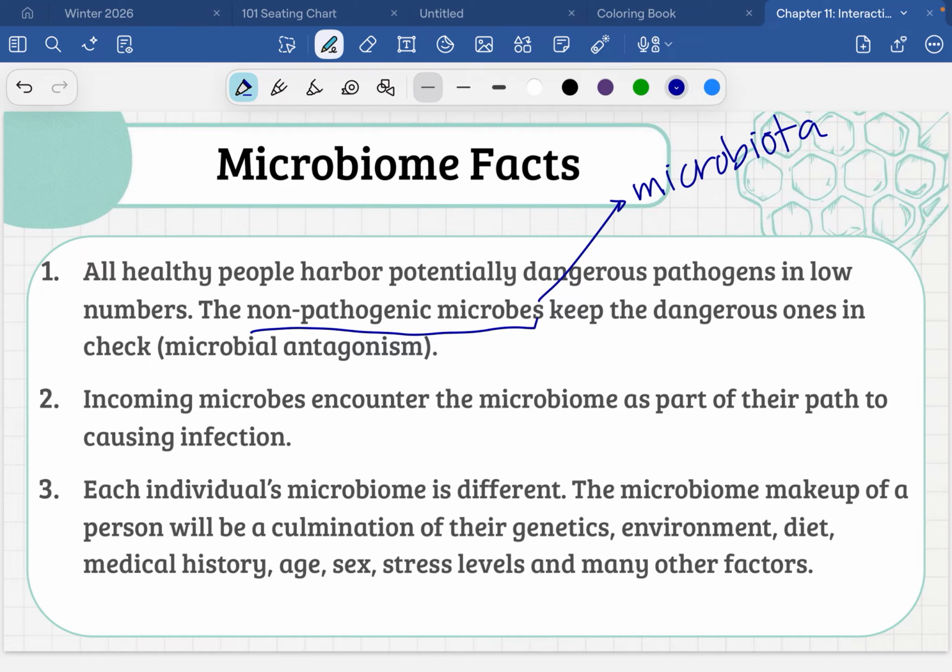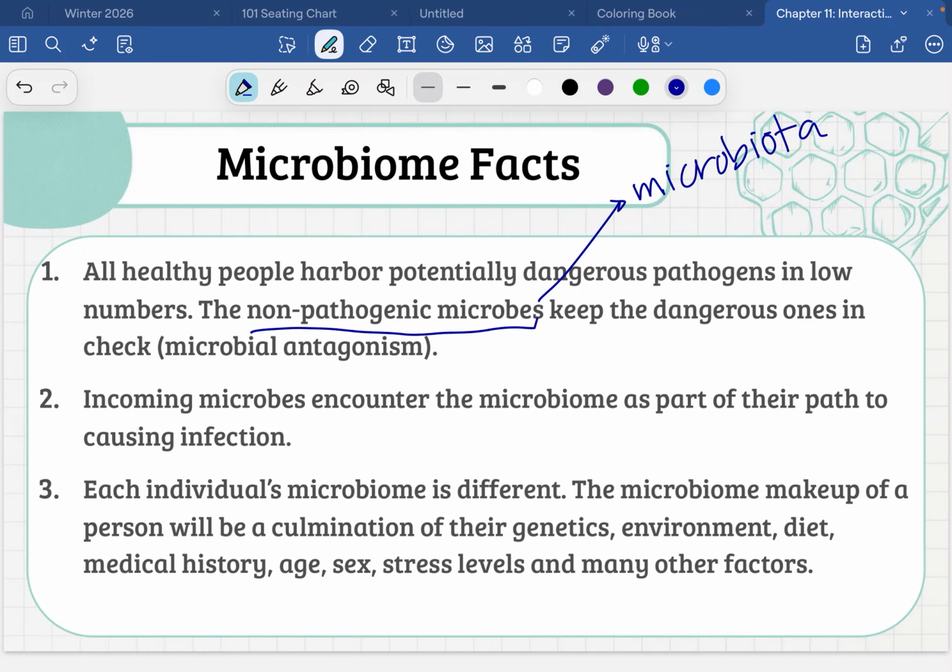And just like any other organism, microbes take up space, they consume nutrients. There's only room for so many of them. So if 99% of the space is taken up by good bacteria, the bad bacteria is not going to have a leg to stand on. They are not going to be able to take over and cause disease a lot of the time because that good bacteria is keeping them in check.